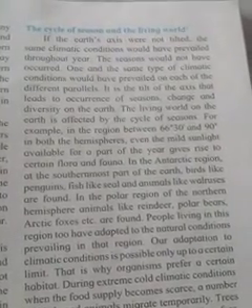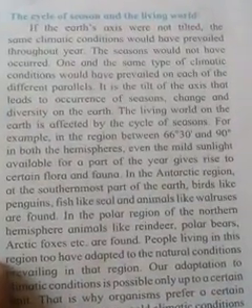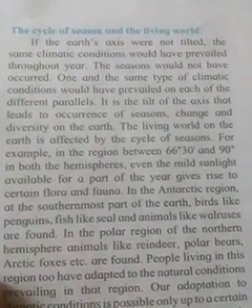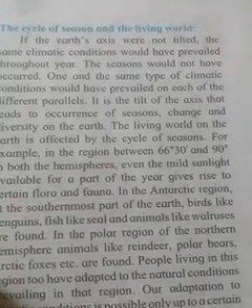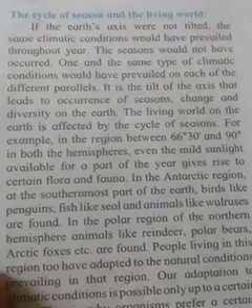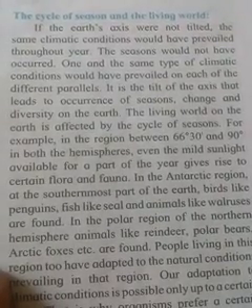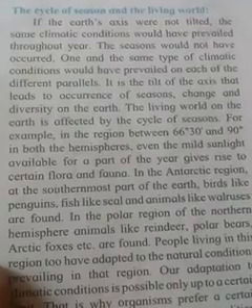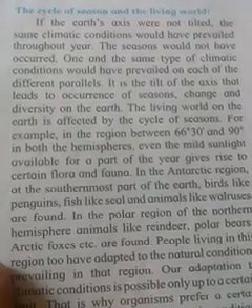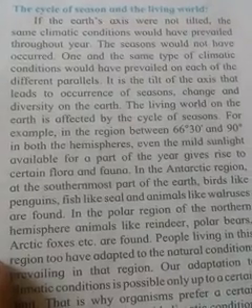The same climatic condition would have prevailed throughout the year and the seasons would not have occurred at that place. One and the same type of climatic condition would have prevailed on each of the different parallels. That means on different parallels the climatic condition is different.